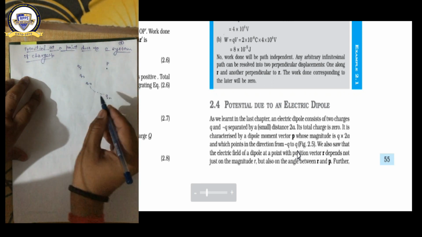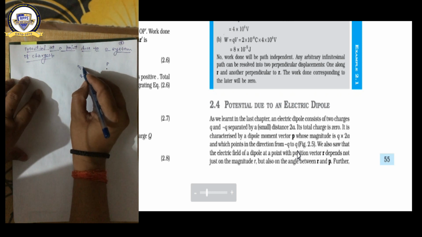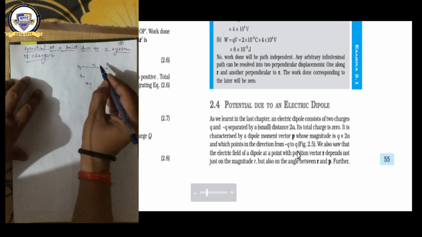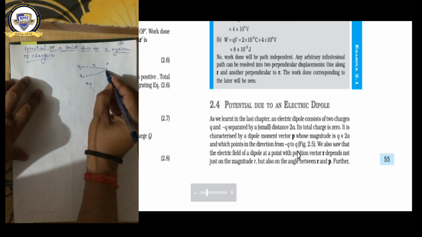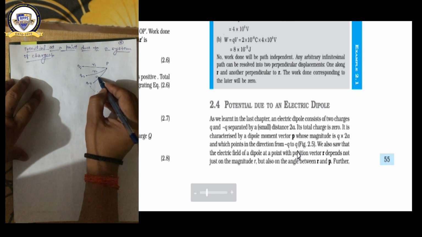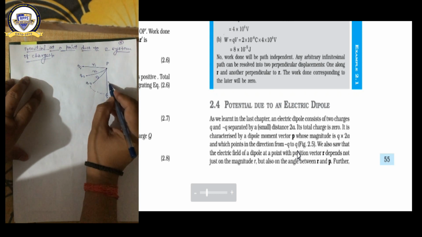Suppose that the distance of the point P from the charge q1 is r1, from q2 is r2, from q3 is r3, and from qn is rn.